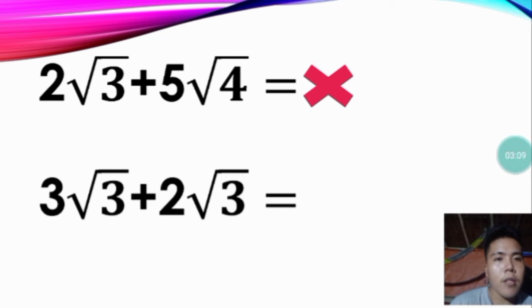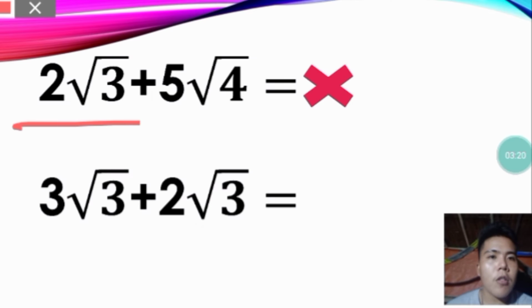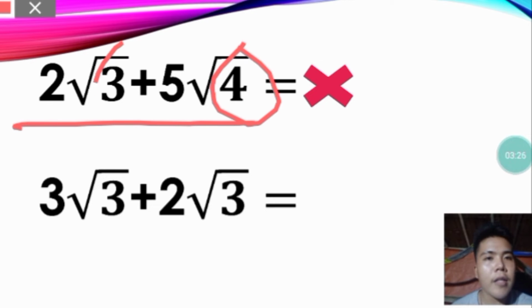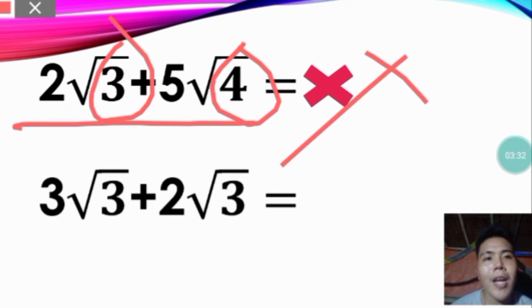So in this illustration, 2 square root of 3 plus 5 square root of 4. You cannot add these radicals because 4 and 3 are not the same, right? So that's why it is wrong. You cannot add both radicals.